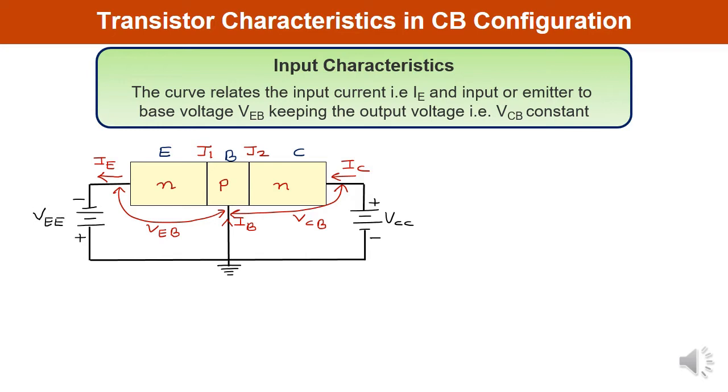So here this curve is being plotted between IE and VEB for different values of output voltage, which is VCB. In this particular diagram, you can see an NPN transistor is being taken and there are two batteries, VEE and VCC. These are used to provide the biasing potential.